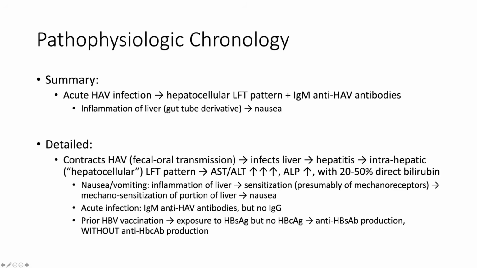The acute infection, as we talked about, is why you have IgM. And then because he's had a prior HBV vaccination, he was exposed. The key thing to remember is that the vaccine is surface antigen, but no core antigen. So because of that, you'll make an anti-surface antibody, but because you're not exposed to the core antigen, you will not make an anti-core antibody.